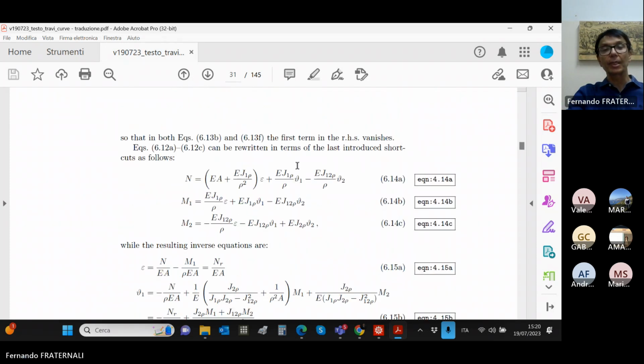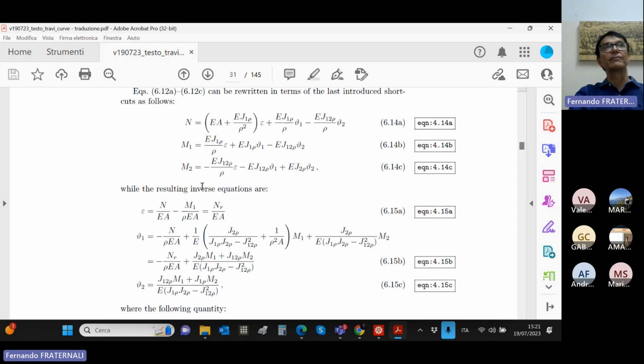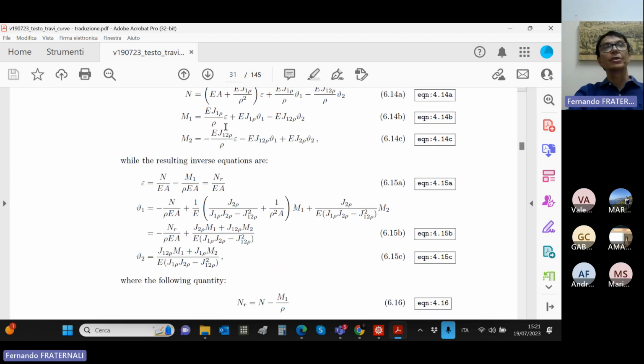Yesterday we formulated the constitutive equations of the spatial beam with strong curvature, which have these expressions: the direct equations and the inverse equations. One can introduce this N_r, which is N over N minus M1 over rho, the reduced axial force, and those are the equations that we obtain.